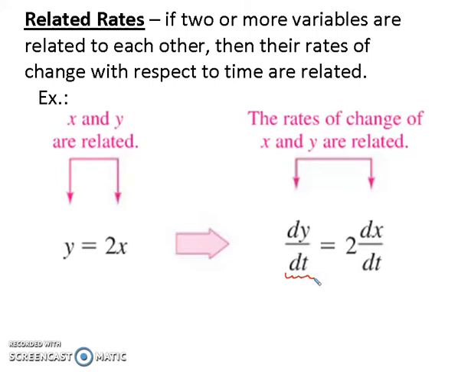And then the derivative of 2x, traditionally we would write 2, but to convert it to be with respect to time, we would write dx/dt next to it. In a situation like this, maybe they would give you the rate of change of the x variable and ask you to find the rate of change of the y variable. So it would simply be a matter of substitution.